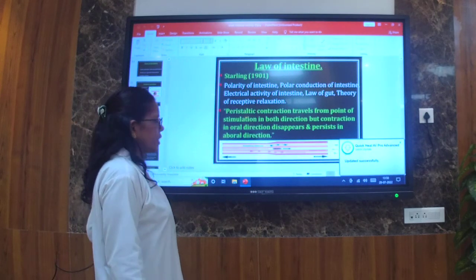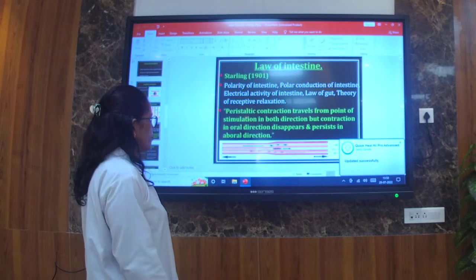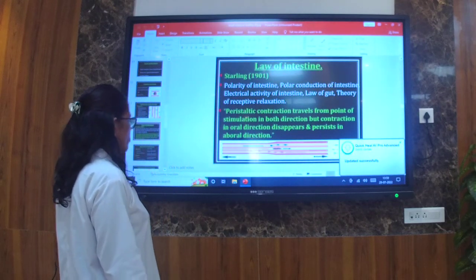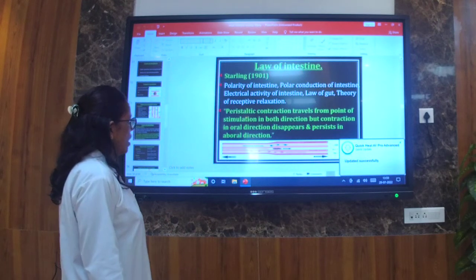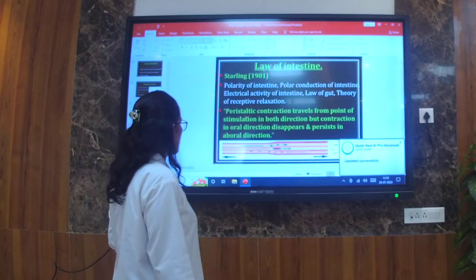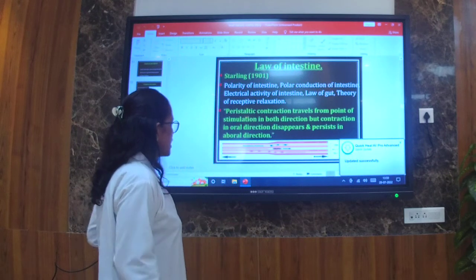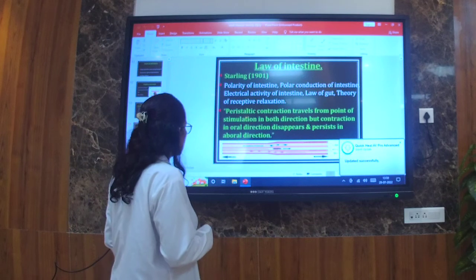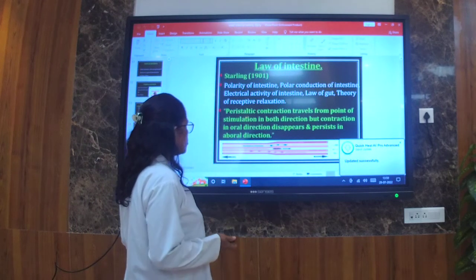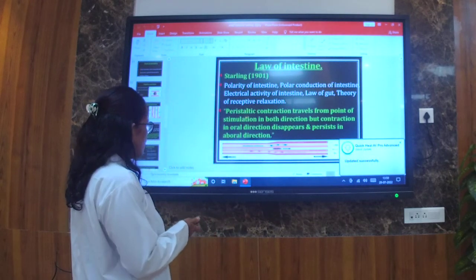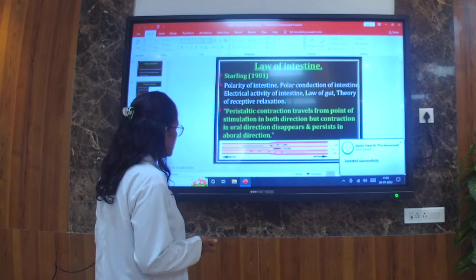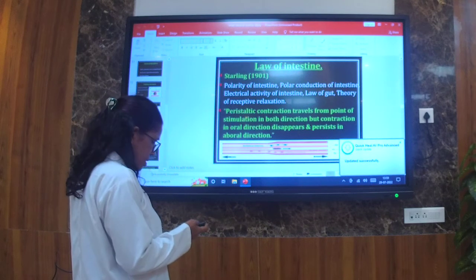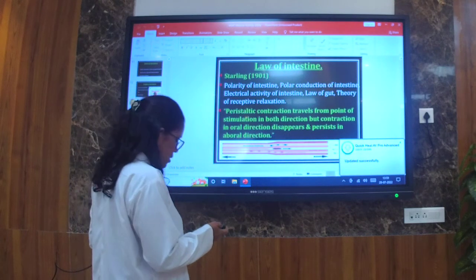That is, the backward contraction disappears, but it persists in the aboral direction, continuing to the distal end of the gut. See the diagram: what is the direction of the bolus? Only the forward direction, so the bolus can pass only forward through the gut.